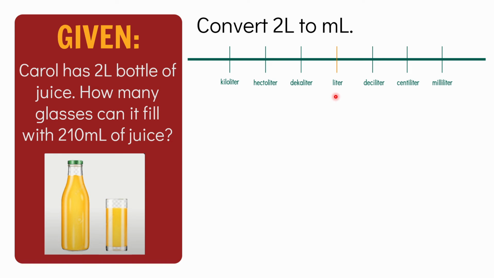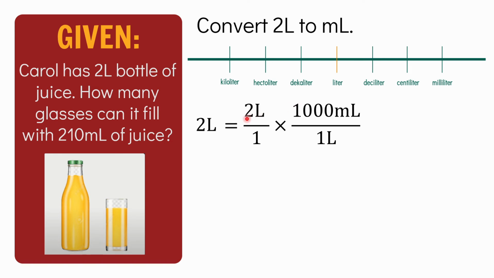2 liters is equal to 2 liters over 1 times the equivalent relation of conversion, 1000 milliliter over 1 liter. So canceling the similar units and multiplying the fractions, this gives us 2000 milliliters.